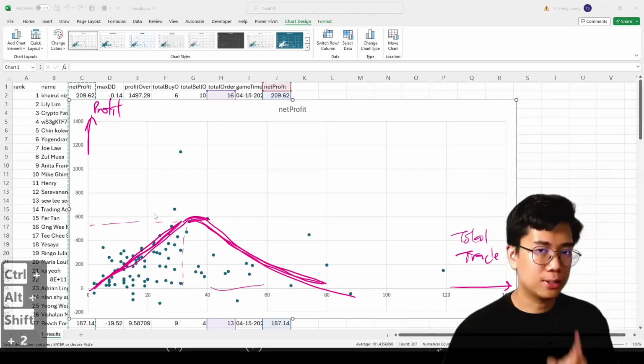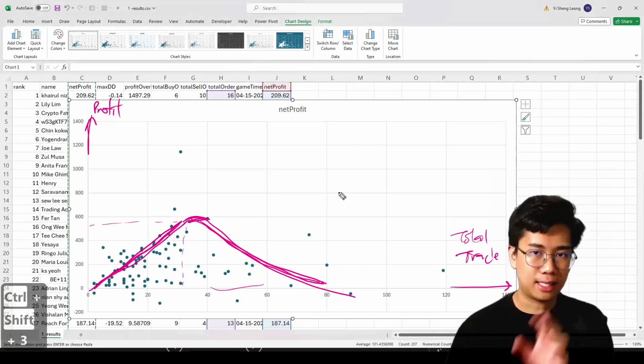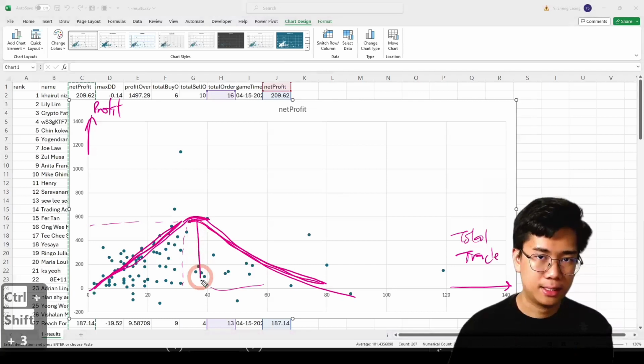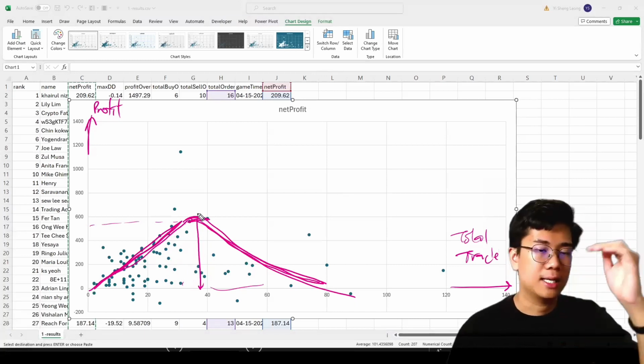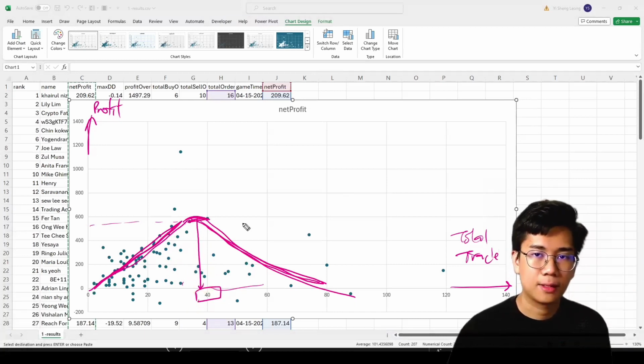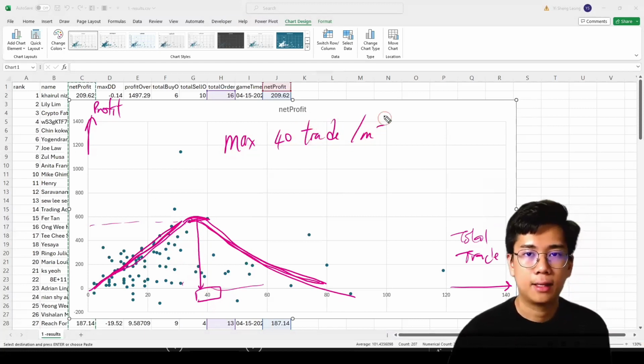If you notice, there is a peak level at around here, meaning the most profit is at a range of 40 trades. Maximum 40 trades per month to get a maximum return.